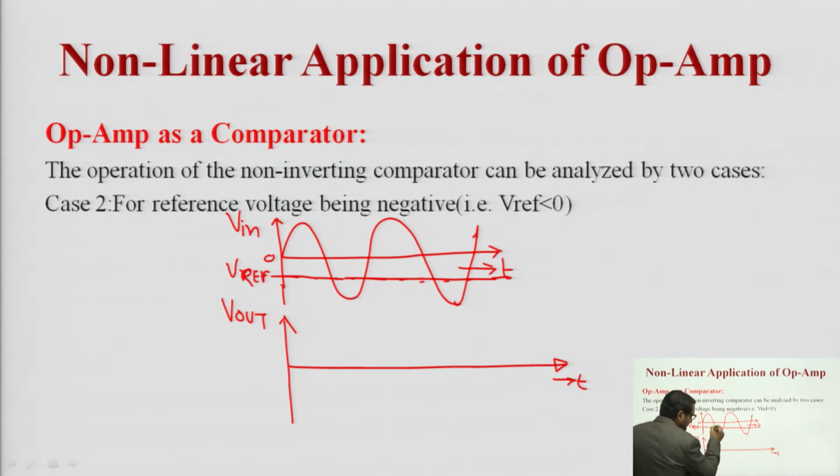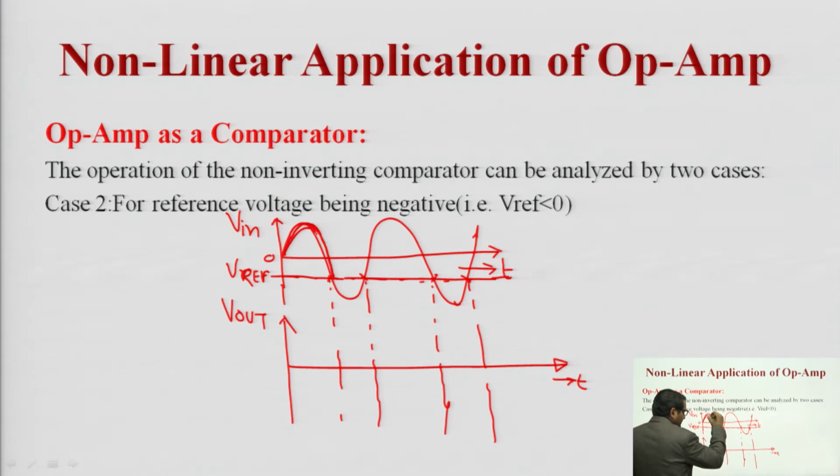and in the same plot, we mark the cut points between the V reference and the sine wave, and we draw dotted vertical lines for finding the square wave. First, we consider this case. This is the shaded section of the sine wave.